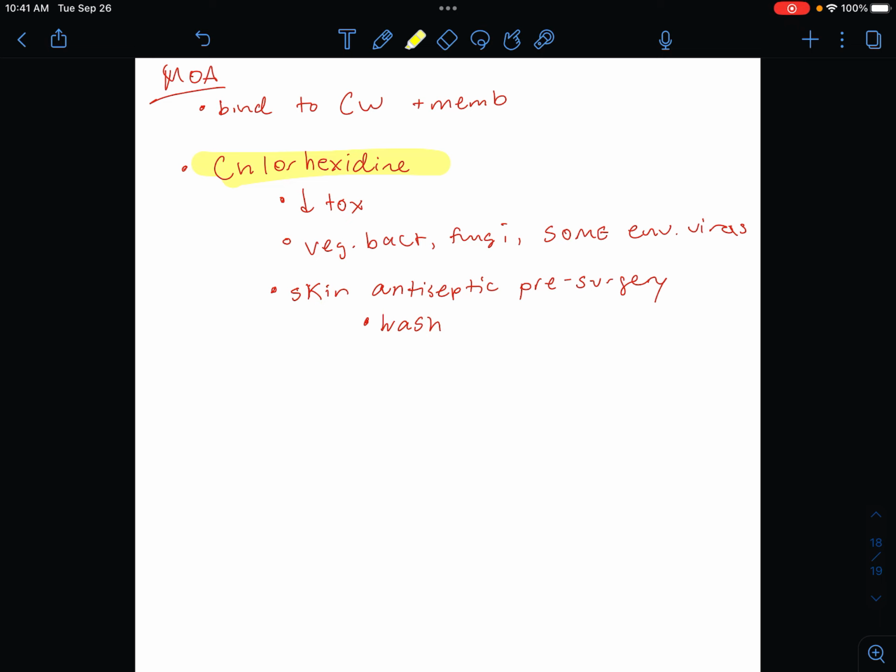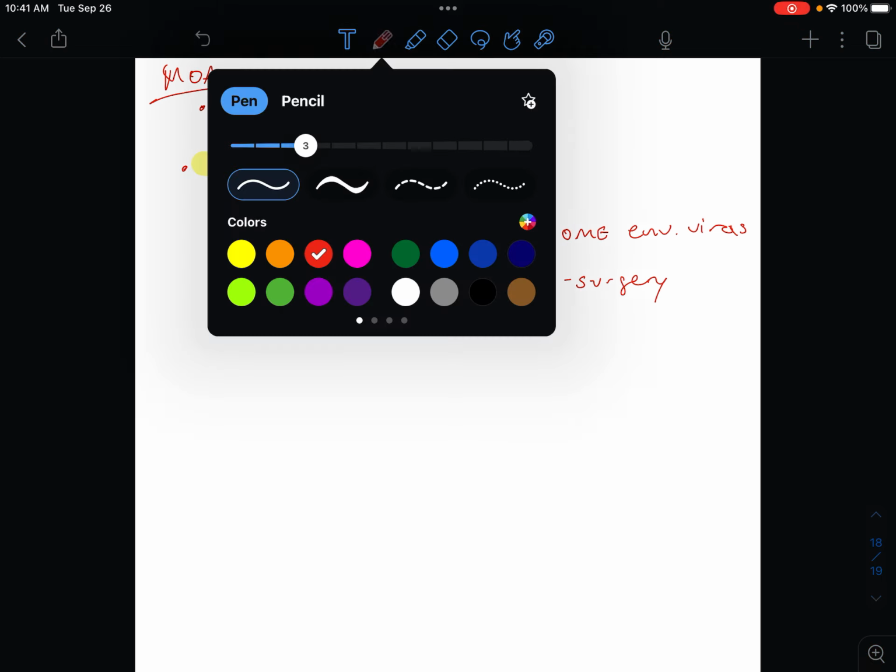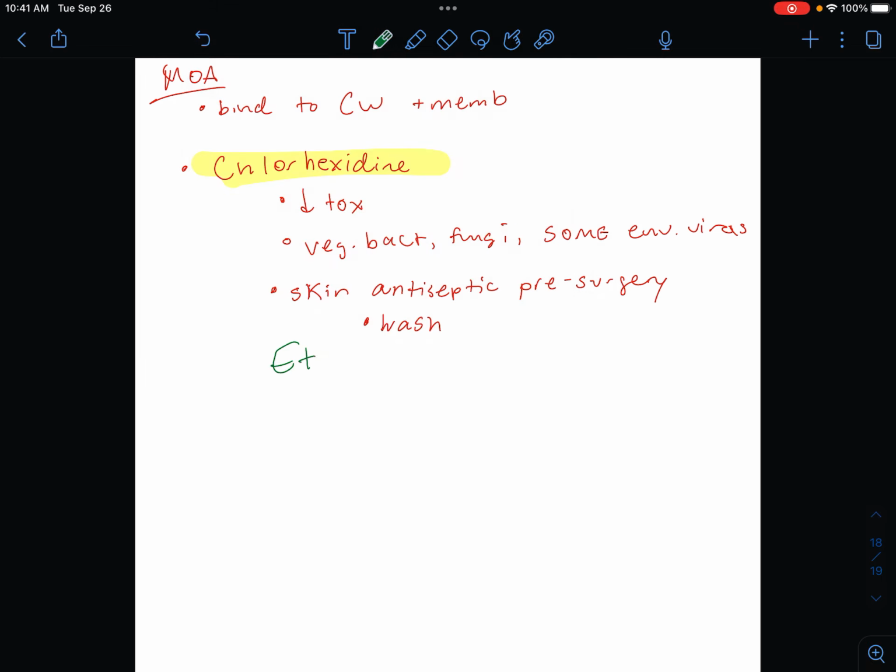All right, ethylene oxide gas. This is our next substance, and it's a sterilant. Remember, that gets rid of all microbes. It's in a chamber similar to an autoclave, and the mode of action is reaction with proteins.